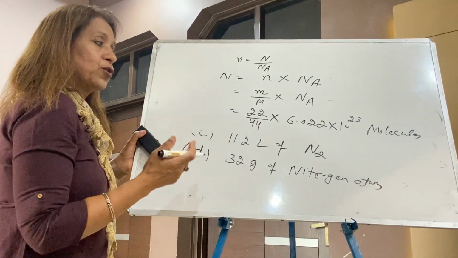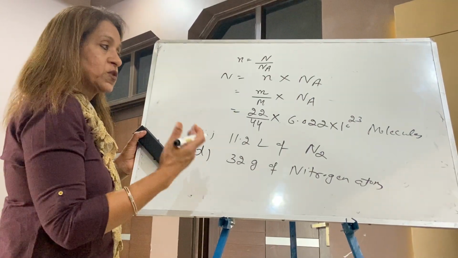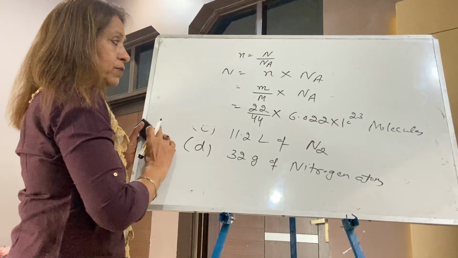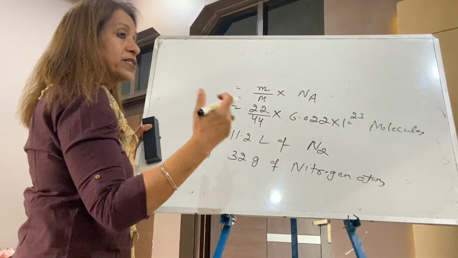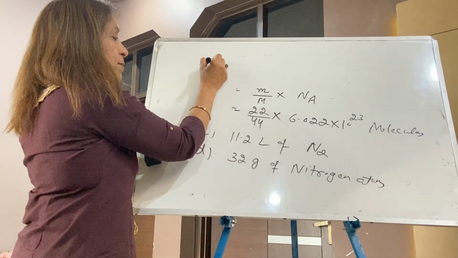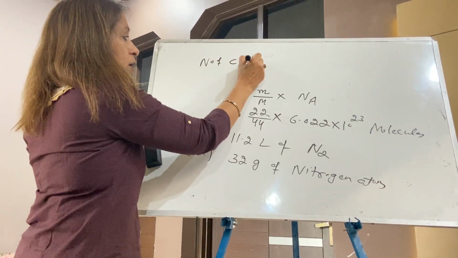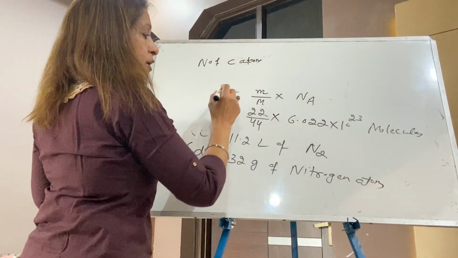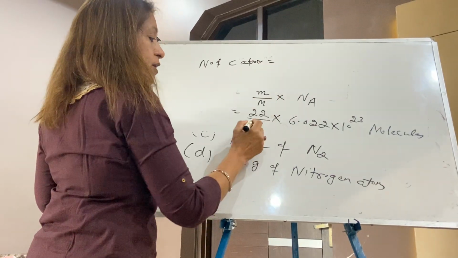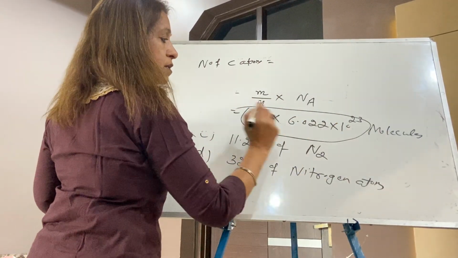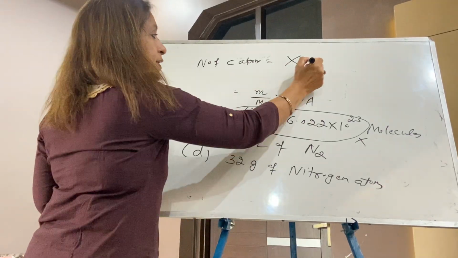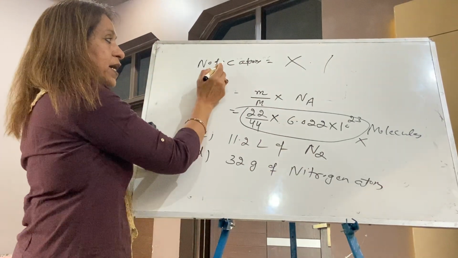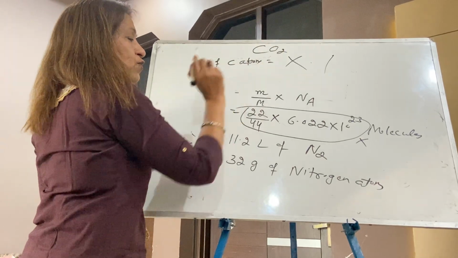Okay. If you want to calculate the atoms of carbon and oxygen in it, you can go further. Now, for example, in carbon dioxide, you want to calculate the atoms separately. So number of carbon atoms in carbon dioxide is equal to this much, let it be X molecules, X molecules multiplied by 1, because in carbon dioxide, carbon is 1.